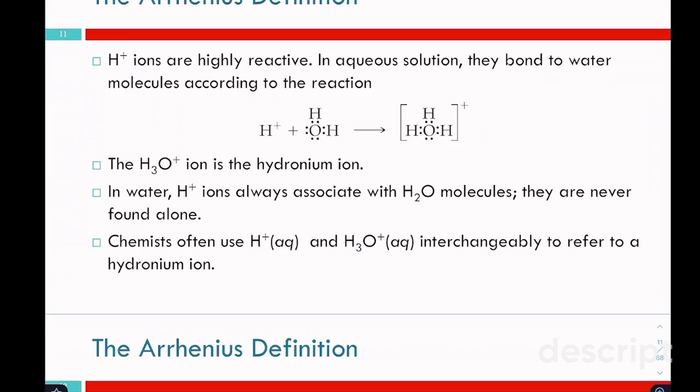But in reality, the H+ ion is always associated with water. They're never found alone. But it's just shorter to write H+, with the assumption that somebody reading your chemical equation is going to know that there's water associated with it.